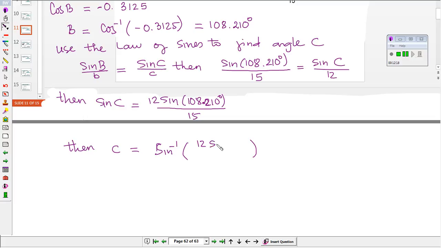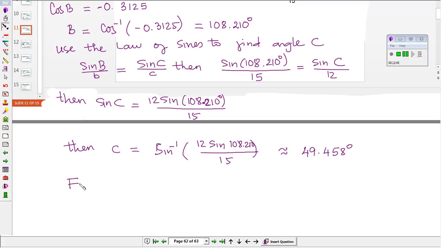For the time being, I'm going to do the composite and put them all together: sine of 108.210 divided by 15, and that will give me the angle C is 49.458 degrees.